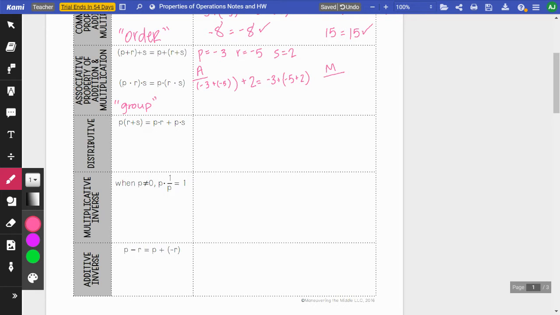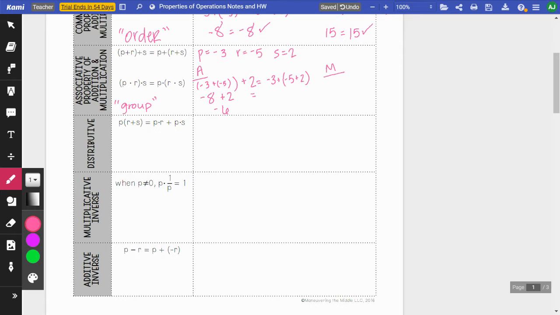-3 plus -5 is -8, and -8 plus 2 is -6. Since we have to subtract, 8 minus 2 is 6, and we take the sign of the number with the greater absolute value. On the other side, I am adding a positive and a negative together first.